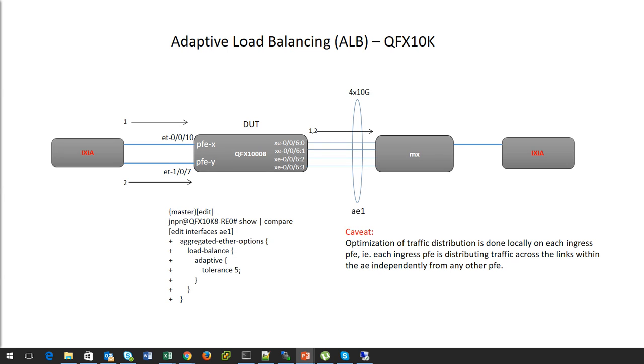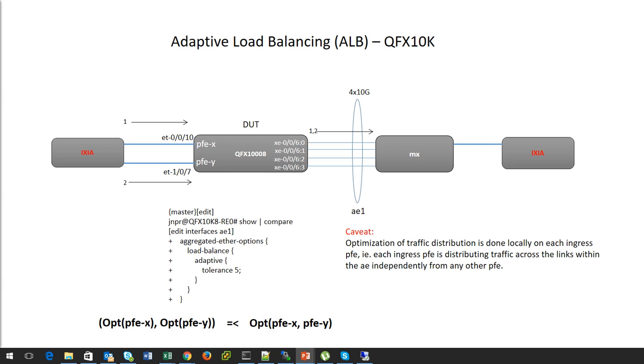So basically the caveat is that each ingress packet forwarding engine is doing optimization on its own. So the switch is not globally optimized. If we try to express this mathematically, it would probably be something like this.